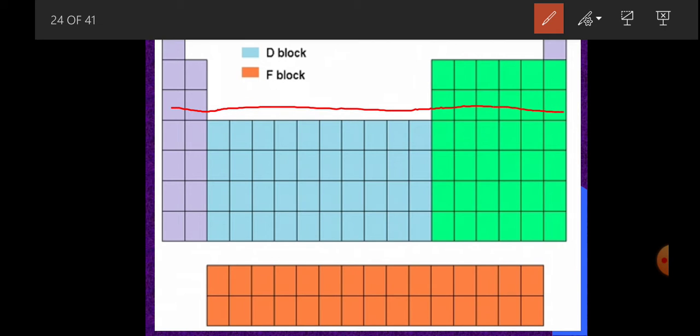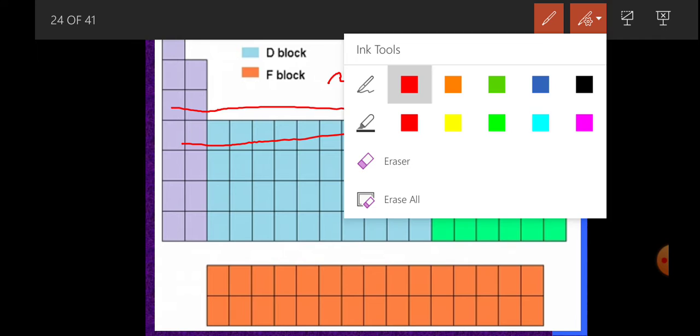The group 3 elements will have 3 energy levels, all of them across. If we come to group 4, they will have 4 energy levels, and these energy levels are obtained when you write the electron configuration.